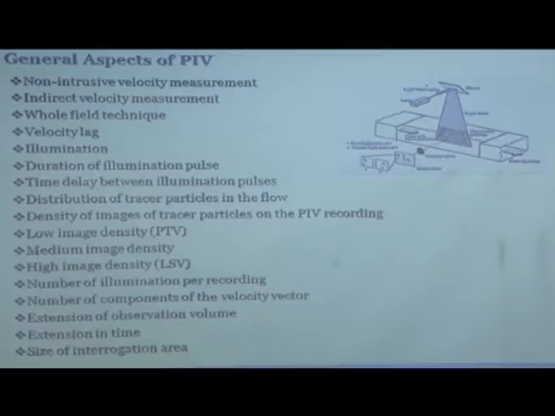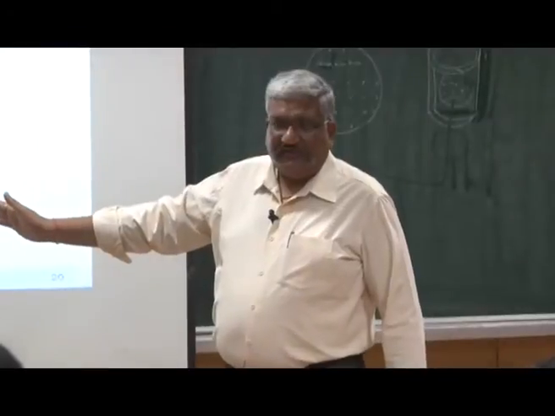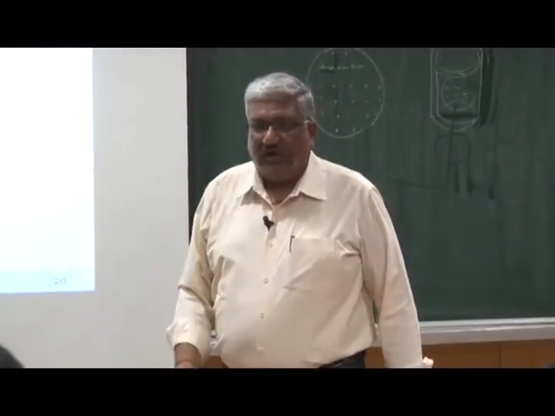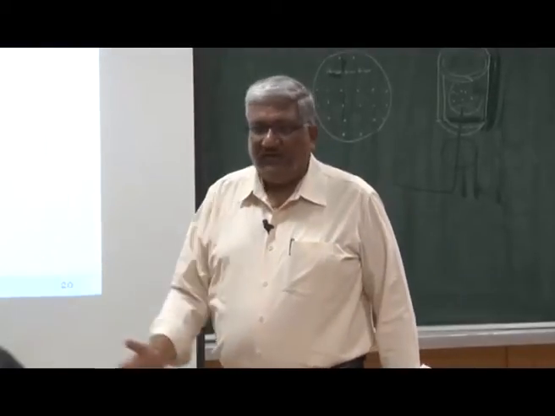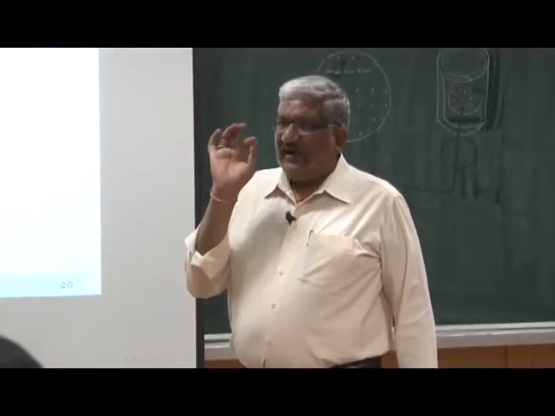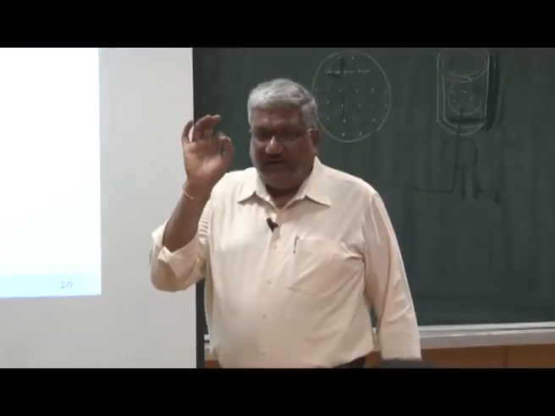Then you see the duration of the illumination pulse, that is also very important. If you make one pulse, how long should that pulse be? This is also a matter of optimization. If your pulse is too short, the scattering will be less, but if the pulse is too long, then what will happen? The particle, instead of being a dot, will be a line.